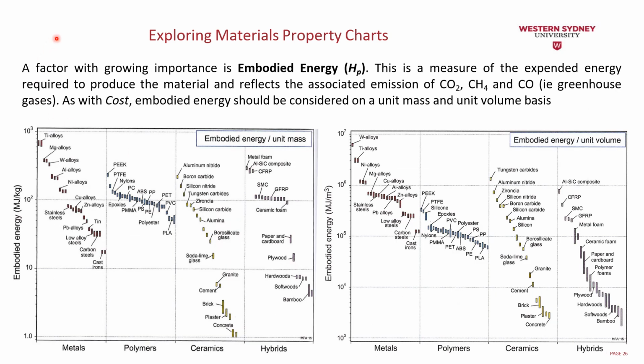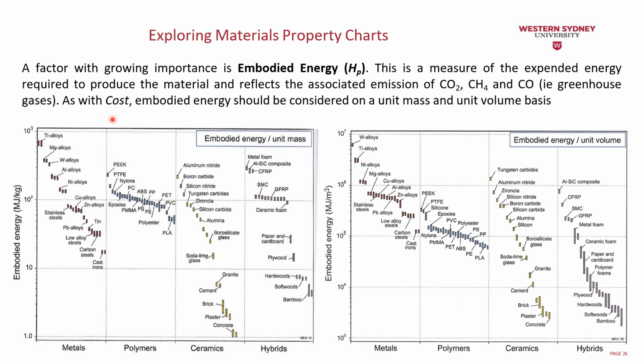A factor with growing importance is the embodied energy, or the HP, and this is the measure of the expended energy required to produce the material, and reflects the associated emission value for carbon dioxide, carbon monoxide, and carbon hydroxide, for example, what we mean by the greenhouse gases.